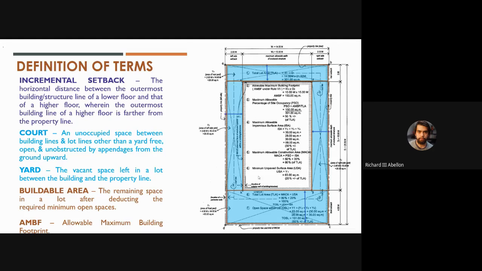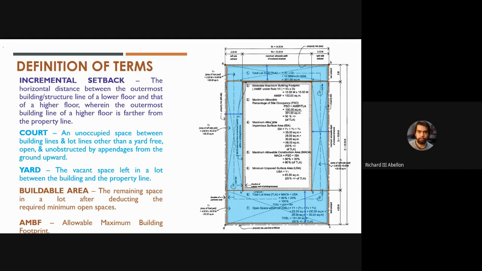Kaya siya footprint kasi kung for example in a flat lot, pag tinanggal nyo yung building doon, ang matitira doon is parang footprint ng building. Yun yung ibig sabihin ng building footprint. Ngayon, pag sinabi nating allowable maximum building footprint, dito sa loob na to, pwede kang gumawa ng any shape of footprint, any shape of the building, as long as nasa loob ka lang.